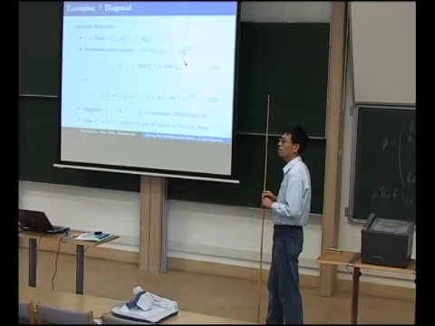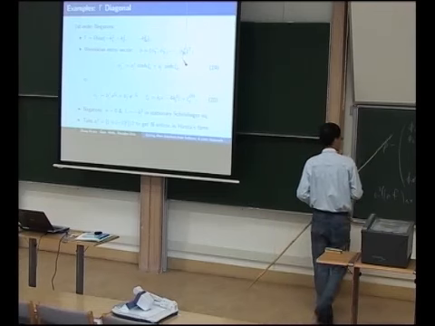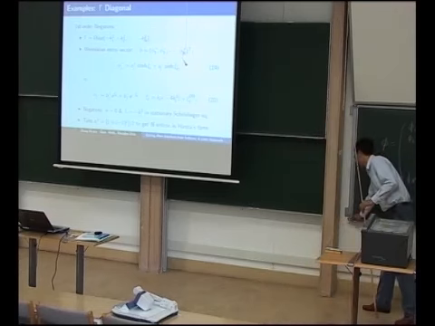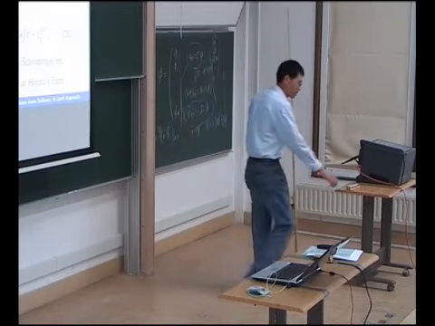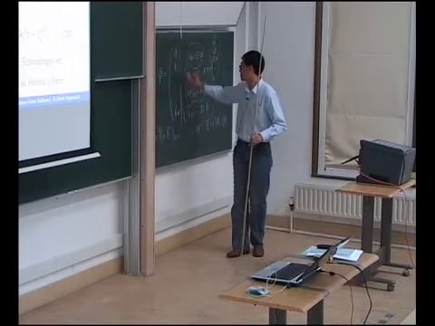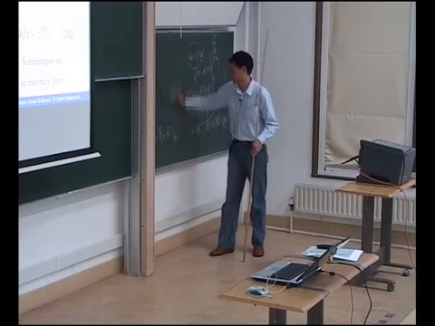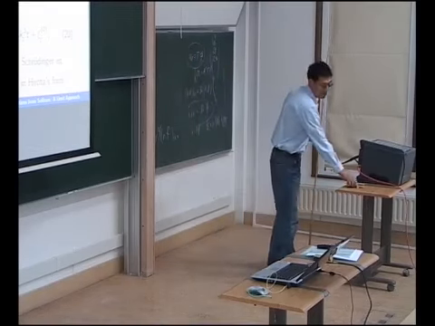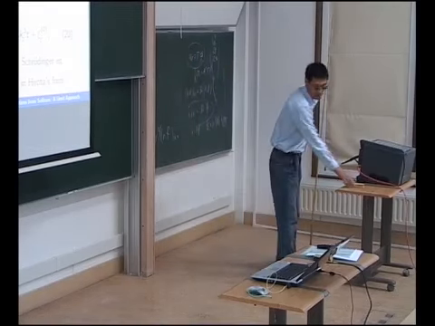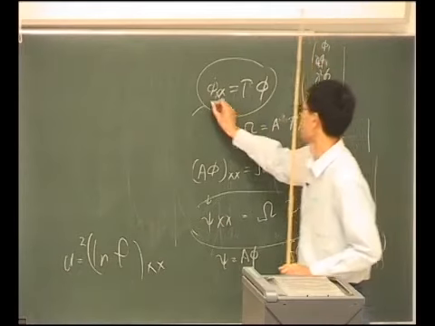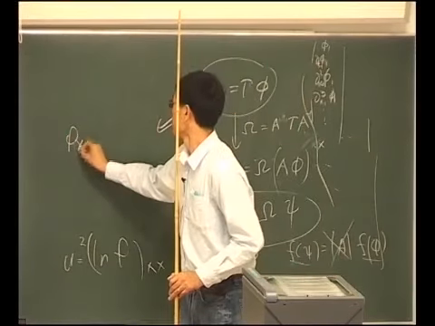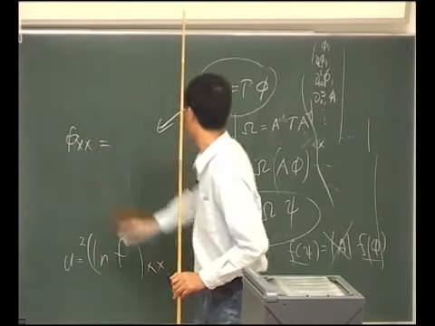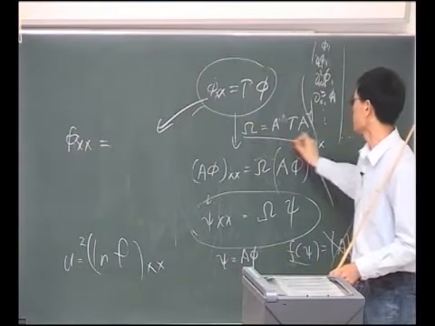You know, in a linear differential equation, you can multiply the fundamental solution from the right. You cannot multiply the fundamental solution from the left. But you multiply from the right. No. In this case, no.